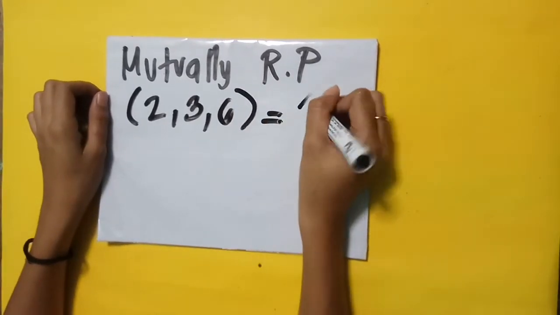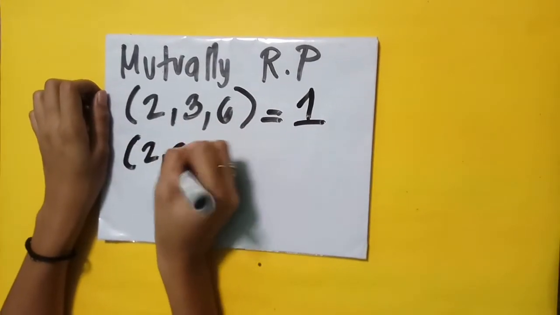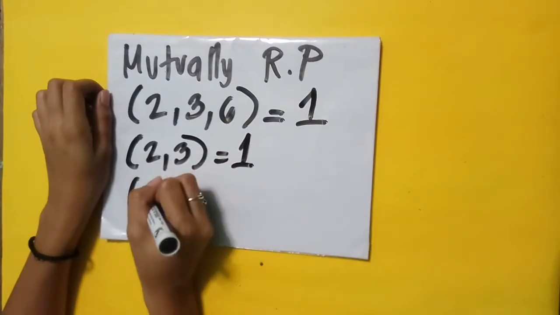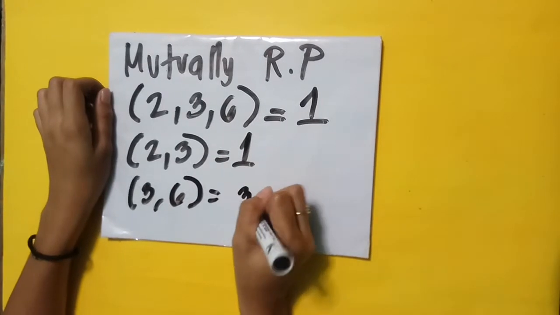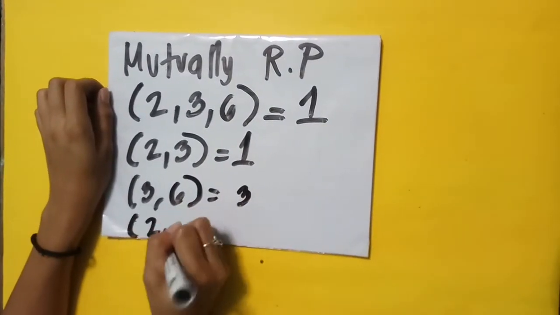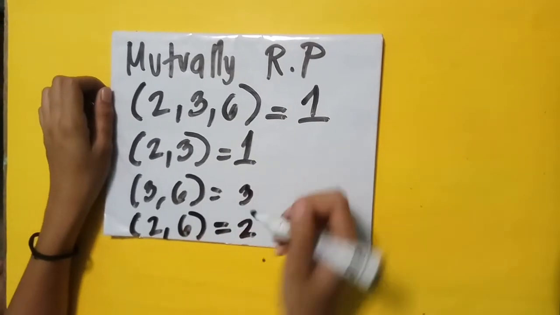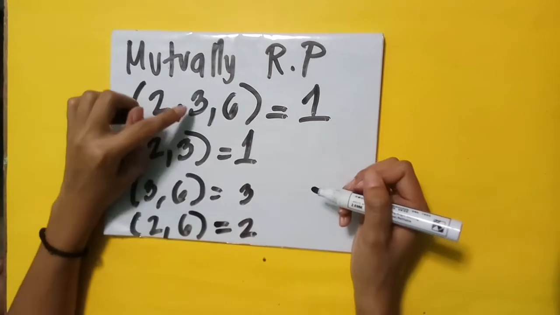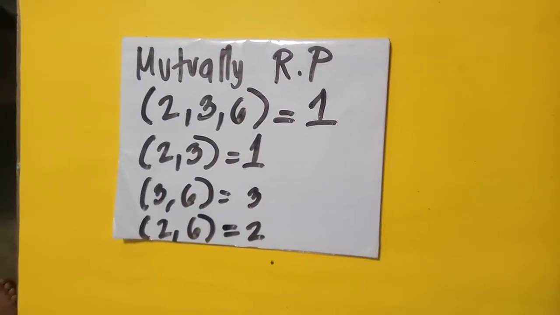Their GCD is equal to 1. When we find the GCD of 2 and 3, it is also equal to 1. But for 3 and 6, their GCD is equal to 3. Same with 2 and 6, their GCD is equal to 2. Therefore, 2, 3, and 6 are mutually relatively prime, and they are not pairwise relatively prime.